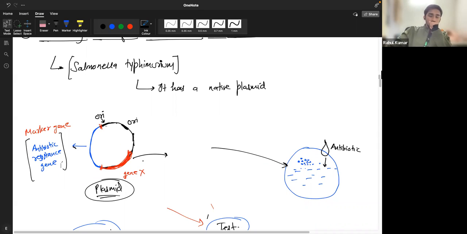It could be any enzyme that we need, any other molecule or protein that we need to be synthesized, and then we purify it and sell it to humans for their benefit, therapy, treatment, cure as a medicine, etc. We also want that whichever bacteria has our gene of interest should survive in antibiotic conditions, because that is the testing condition where those who do not have our gene and do not have the plasmid that we have created, hence do not have antibiotic resistance, will die.